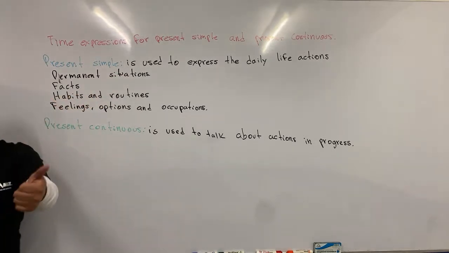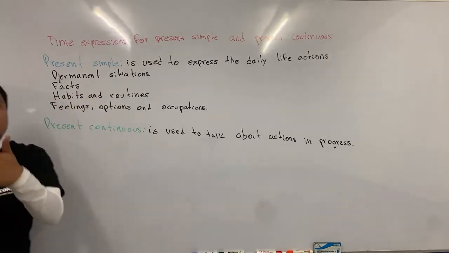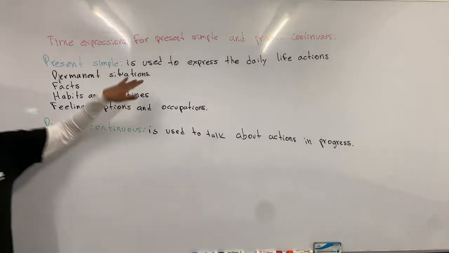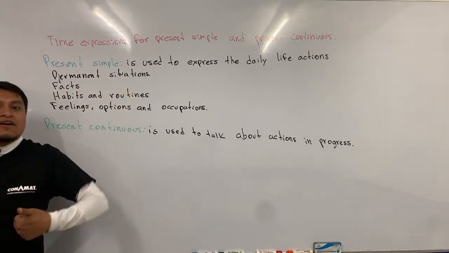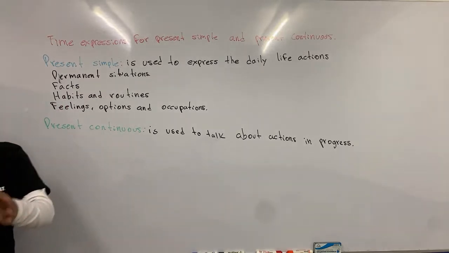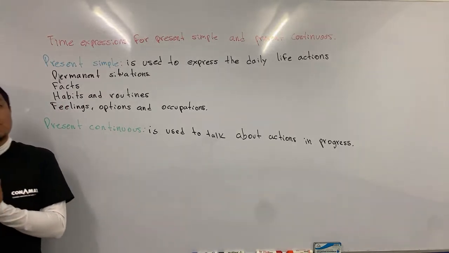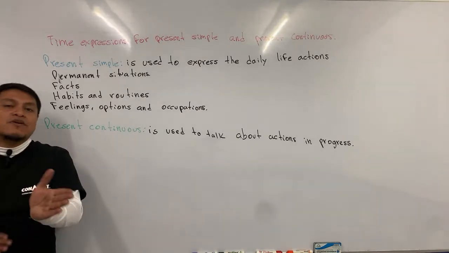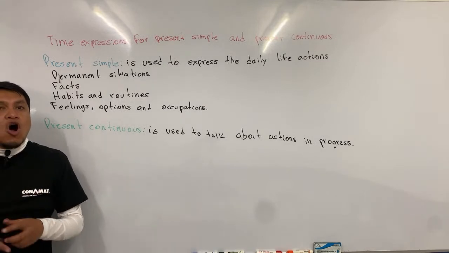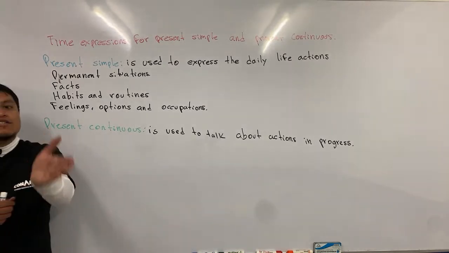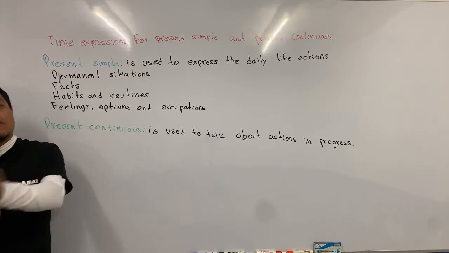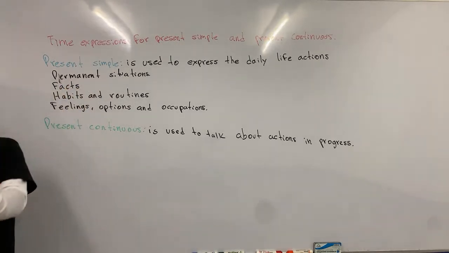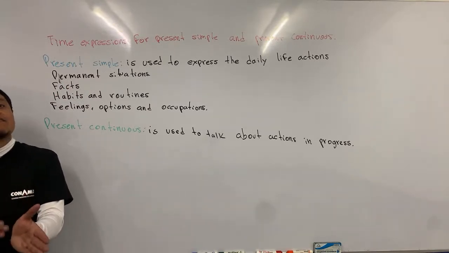The present simple expresses permanent or long-term situations, right? This is the first. For facts and general truths, it also makes reference to scientific facts or general truths. For example, oil paint is more durable and tougher.